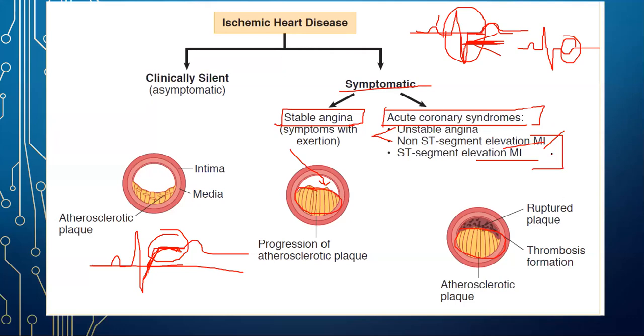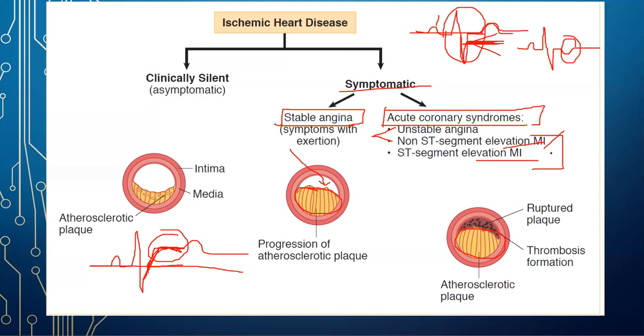That means that when it becomes MI, it's causing necrosis or infarction of the area of cardiac muscle which is supplied by that particular coronary artery. When there is infarction or muscle death, it becomes MI.